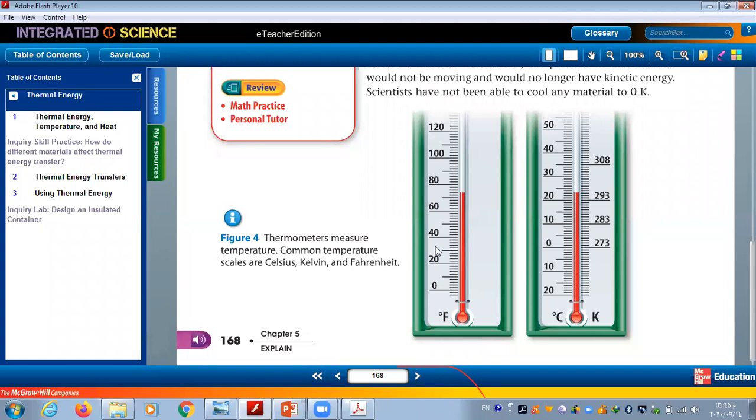So when the temperature increases, the mercury expands. Sorry, expand, correct? Yes, expand. And when the temperature decreases, the mercury contracts. Contract. It's a simple way.